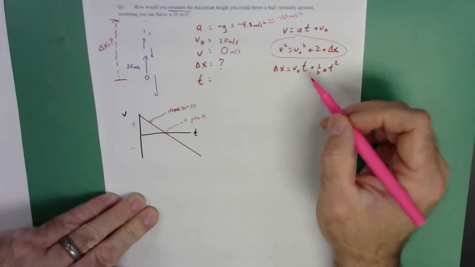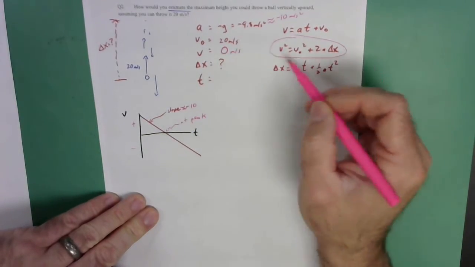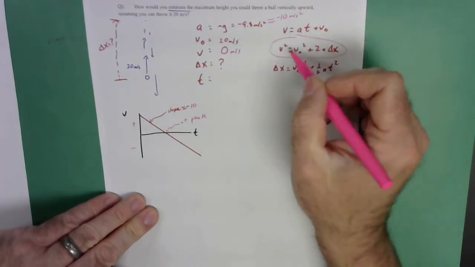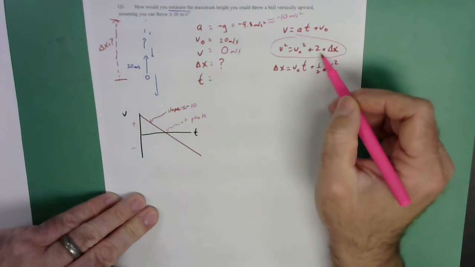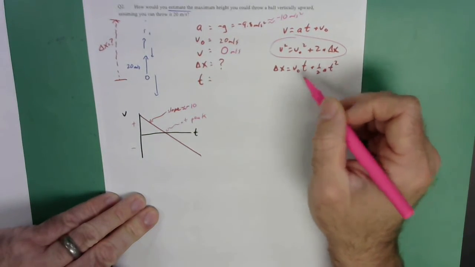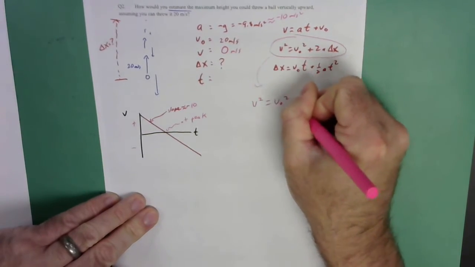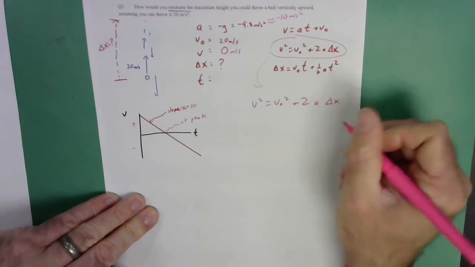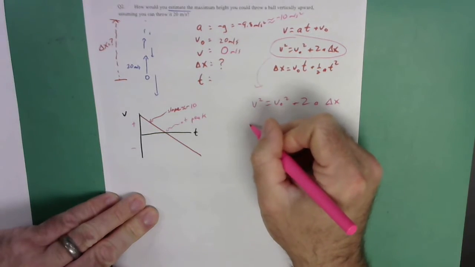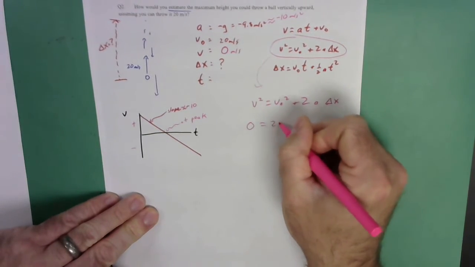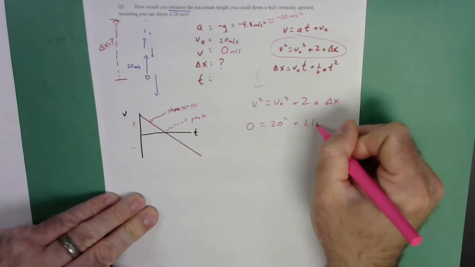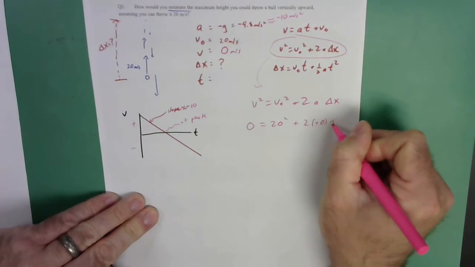Sure. A 0 for the final velocity, that term drops out. Initial velocity is 20, and 20 squared is 400. We're going to round a to negative 10. So v squared is v naught squared plus 2a delta x becomes 0 equals 20 squared plus 2 times negative 10 times displacement.